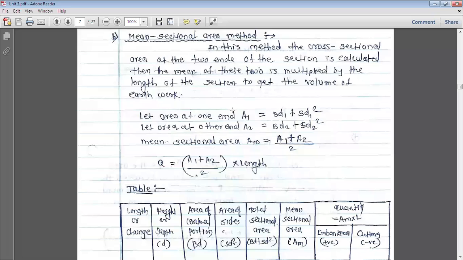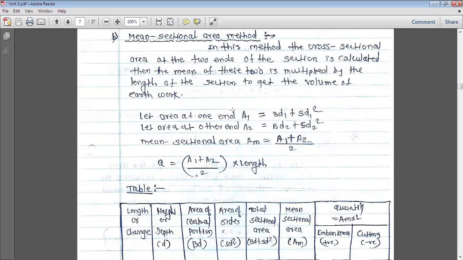In the mid sectional area method, we consider the mean depth, and in the mean sectional area method, the cross sectional area at the two ends of the section is calculated, and then the mean of these two is multiplied with the length to get the volume of the earthwork. In the previous method we calculated the mean depth; in this method we calculate only the mean area.